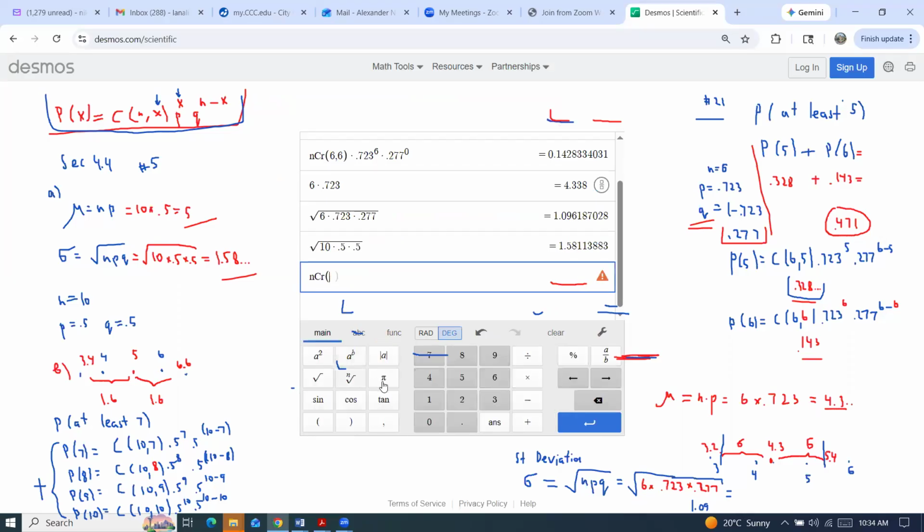Now I need to go 10, 7. Try to get a calculator and see how you can use it. It is a skill to use your calculator correctly. I know everybody can use a calculator, but the question is, are you using it correctly?